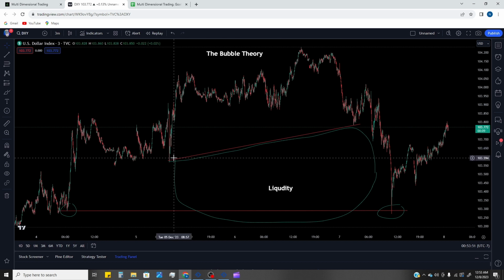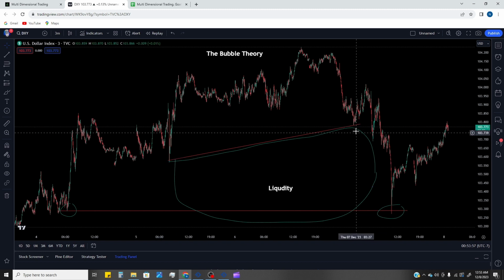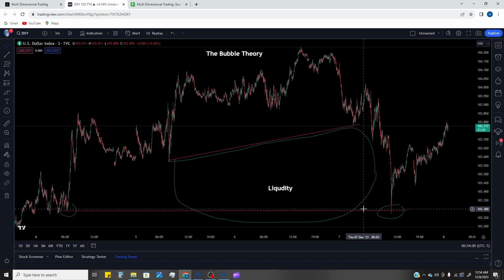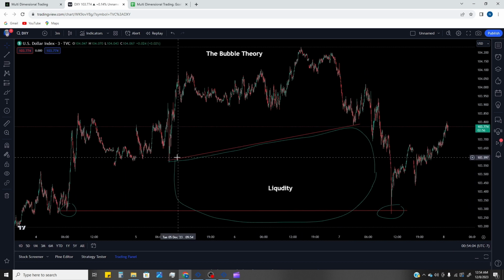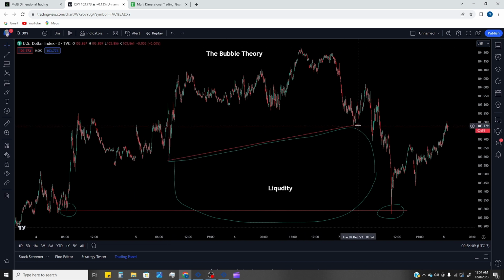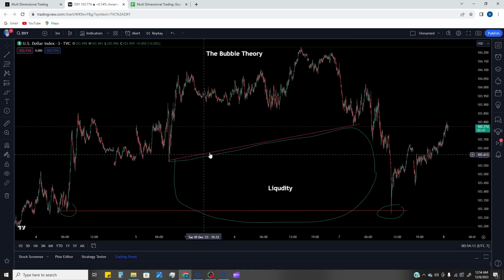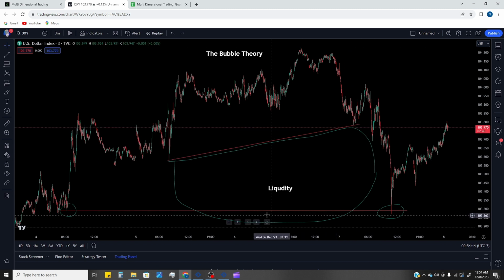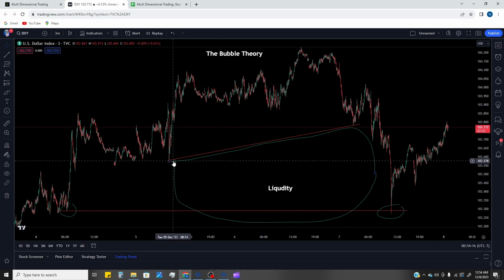And that's how we accurately measure where liquidity will fall to, where price will run to, how deep the bubble will be, how large the bubble is. We'll know by taking this one trend line and drawing it across to the next low and then drawing a big old bubble under it.